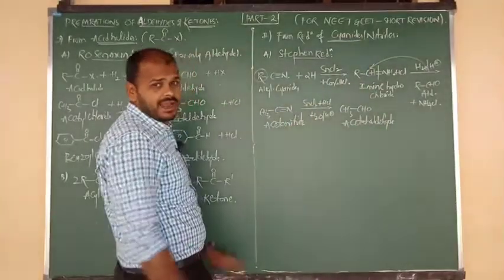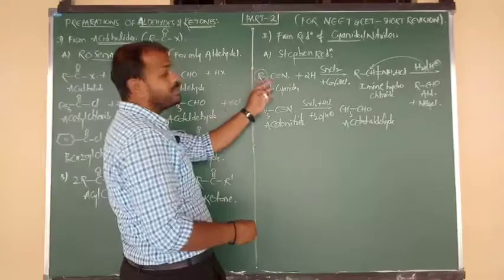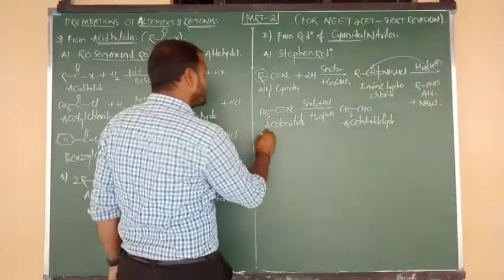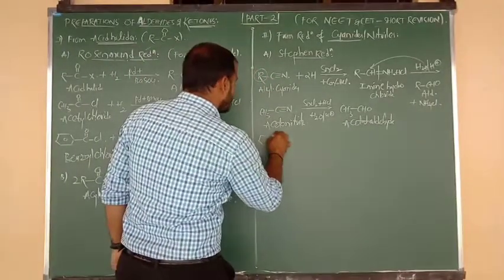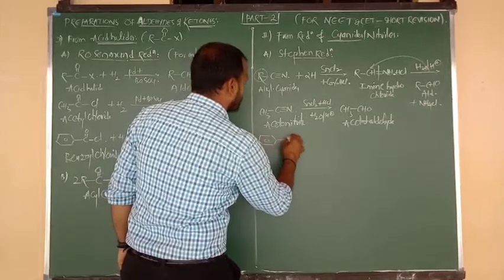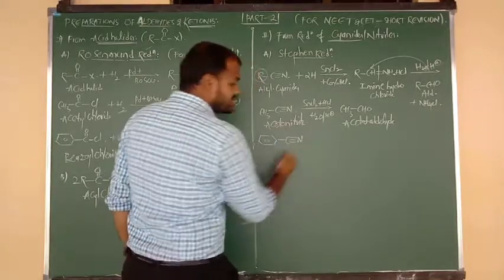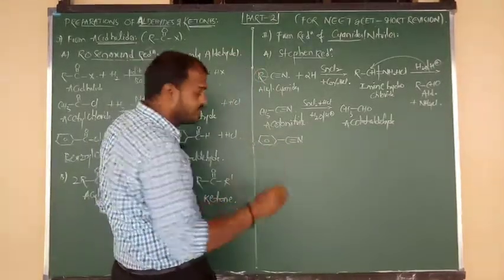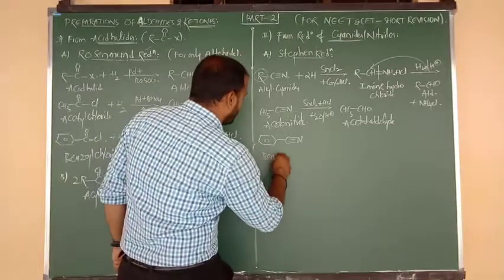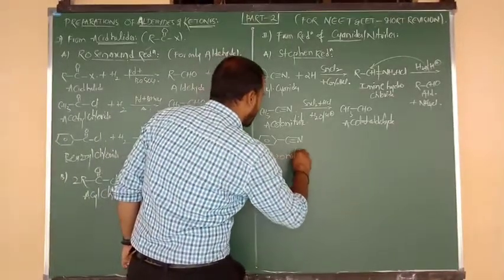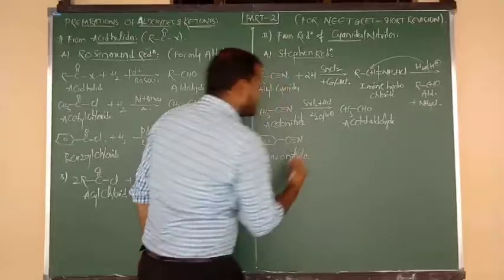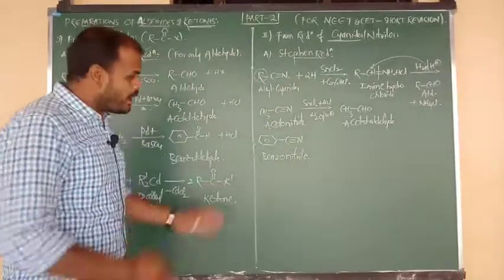Acetonitrile gives acetaldehyde. Now in place of R, try to consider benzene. So benzene bonded to C triple bond N. This is called phenyl cyanide, and another very important name is benzonitrile.